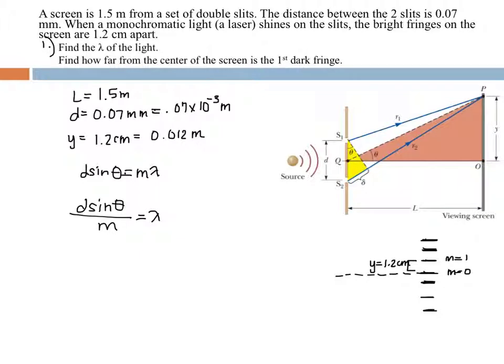Now here we're going to make the substitution that we have a very, very small angle. Again, that's true for most of these problems. So if that's true, then L sine theta is equal to y, and sine theta is equal to y over L. So I can go back and replace sine theta with y over L.